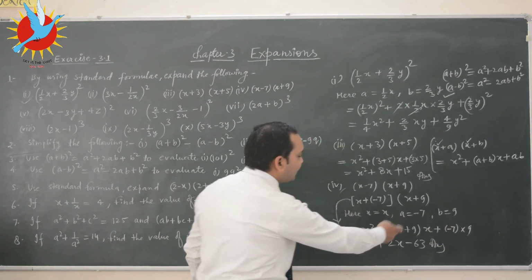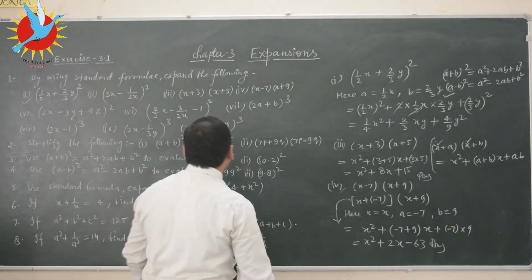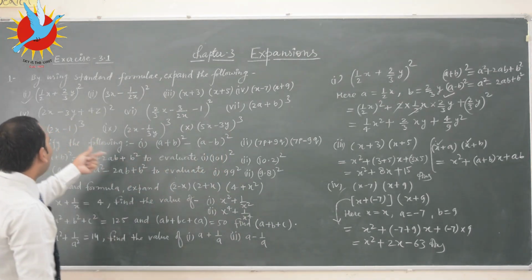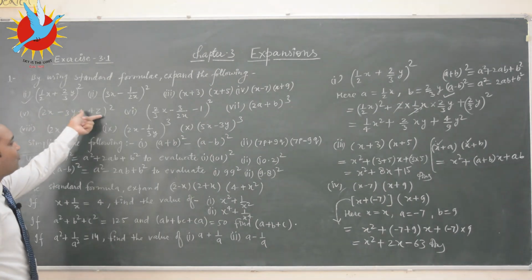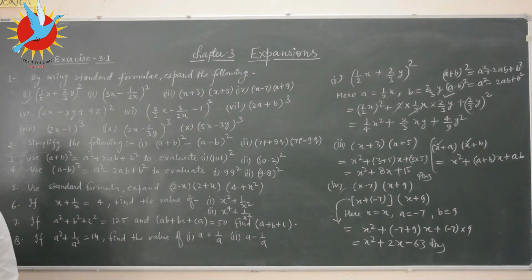So plus into minus is minus 63. Similarly other questions also, a minus b whole cube, here a plus b plus c whole square. This is the next question.